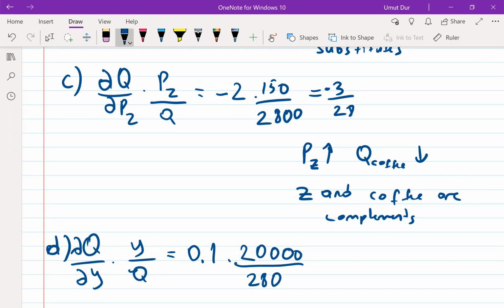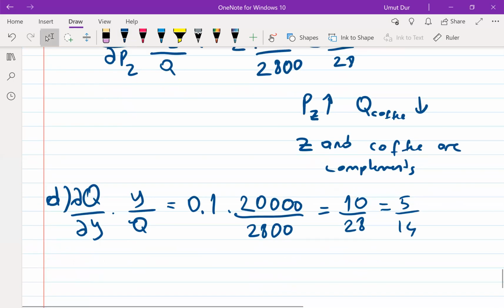If we do the math, it will be 1 over 10 over 20, or 5 over 12. What it means is that if the income increases, your quantity will also increase. That is all for today.